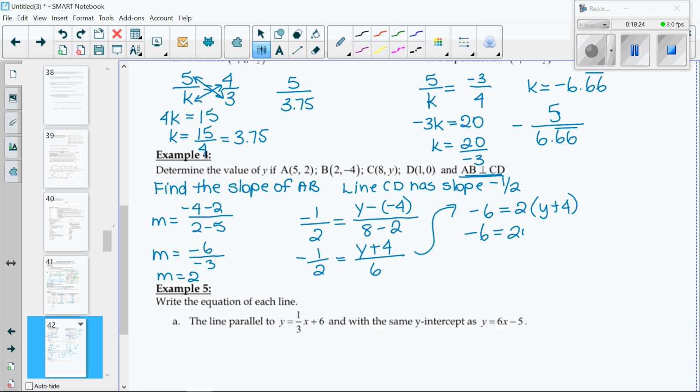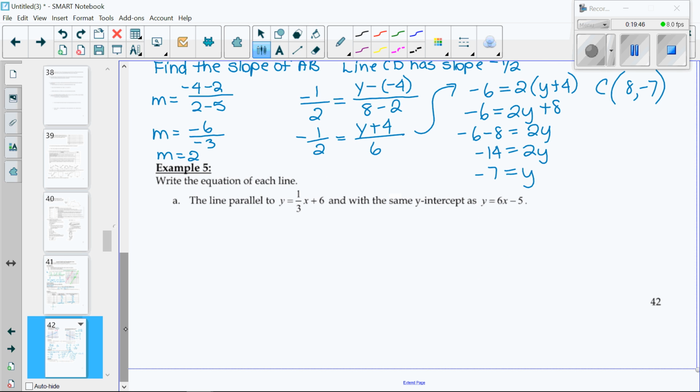Negative 6 equals 2y plus 8. Negative 6 take away 8 equals 2y. Negative 14 is equal to 2y. Negative 7 is equal to y. So that missing coordinate C is 8 and negative 7.